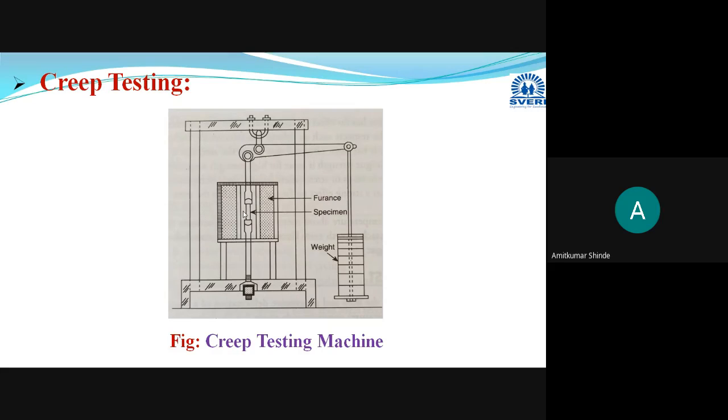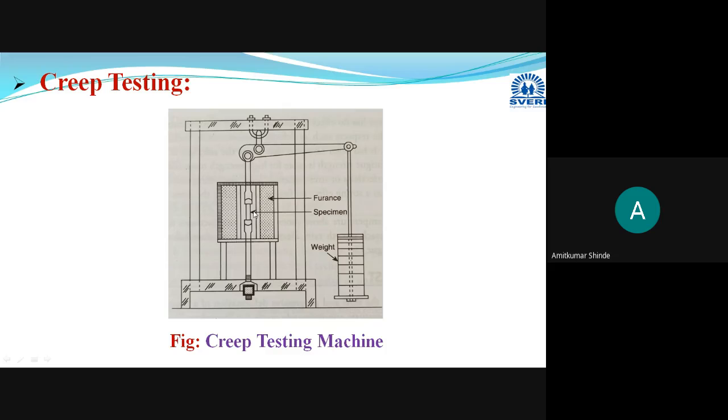It may take one day, or a few days, or a few weeks, or a few months. Sometimes you have to conduct this test for many years to get the proper readings. You have to conduct this test until the metal gets fractured.